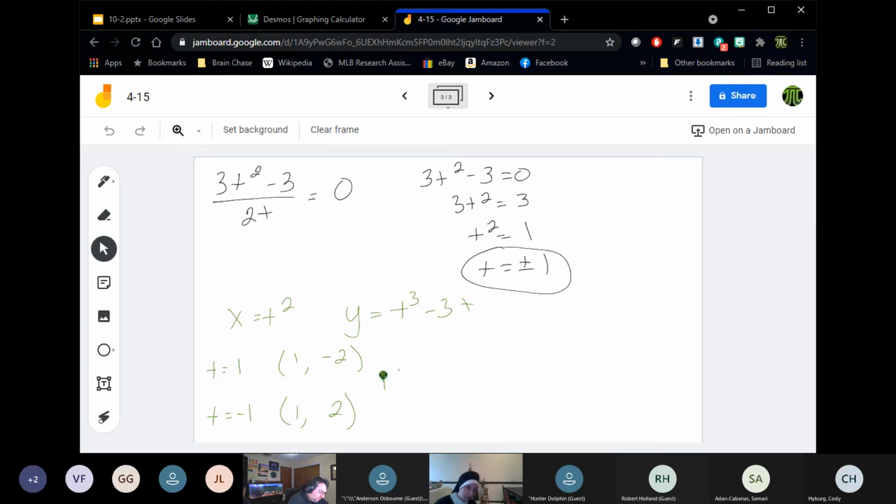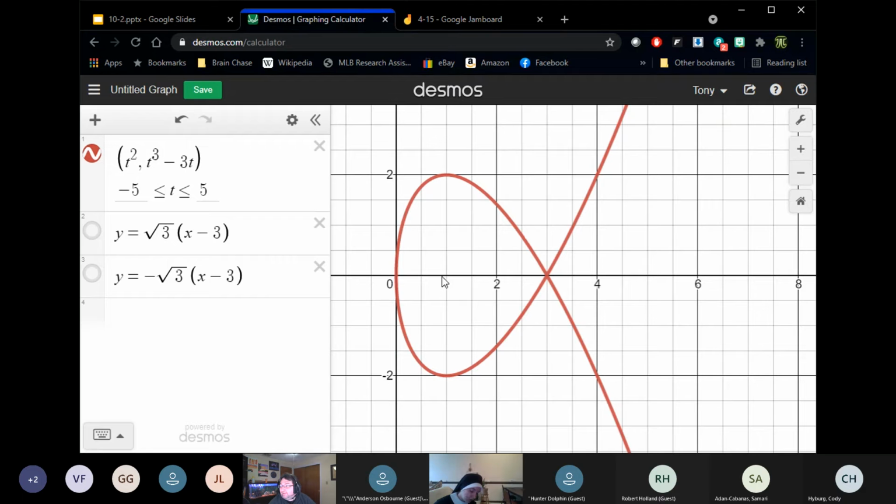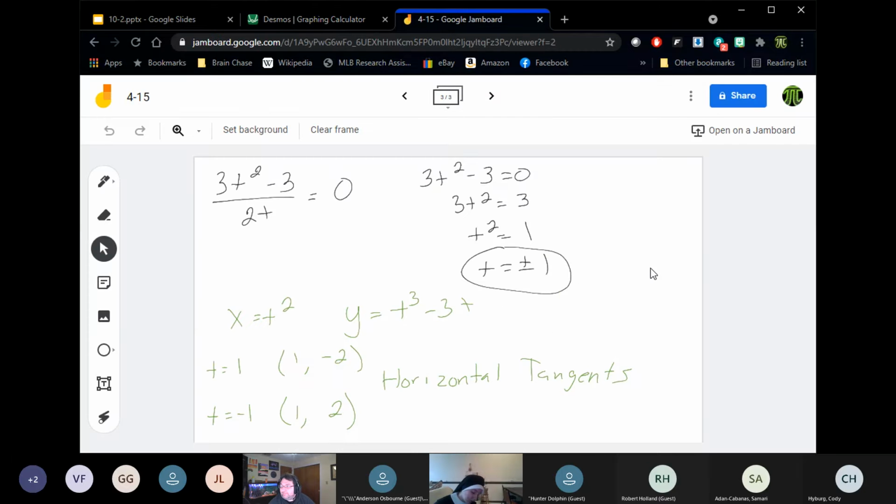So those are my two horizontal tangents. And if we look back at the graph, that makes sense: 1, negative 2, and 1, 2. But that's how we'd find it using calculus to determine those values instead of just looking at a graph and trying to determine it. Does that part make sense?